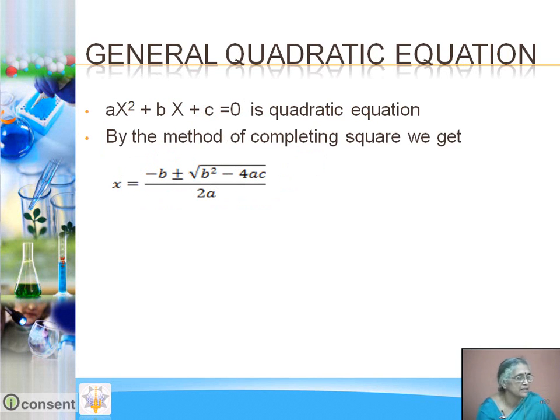Now consider this general equation, ax² + bx + c = 0. If we solve this equation by the completing square method, we get x = (-b ± √(b² - 4ac)) / 2a. We can use this as a formula to find solutions of a given quadratic equation.